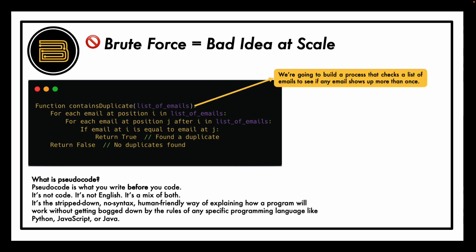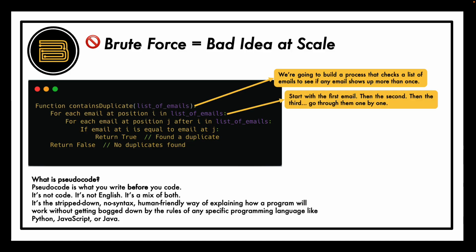So first, we're going to build a process that checks a list of emails to see if any email shows up more than once. This is a function called containsDuplicate. And then we start with the first email, then the second, then the third. So we go through all the emails one by one. Then in the inner for each, we go through every email.